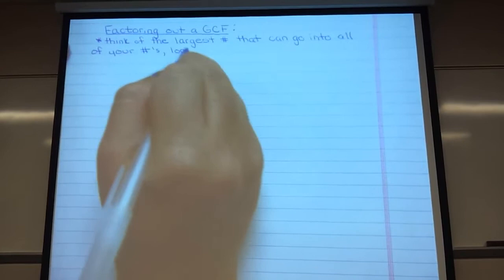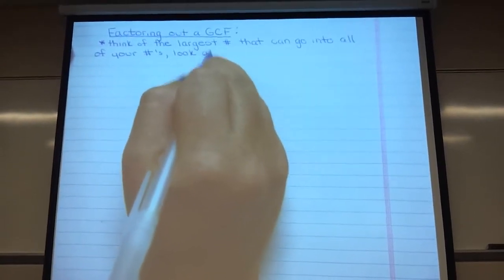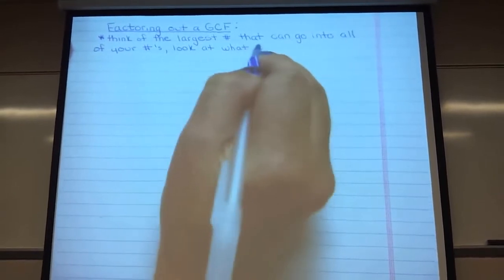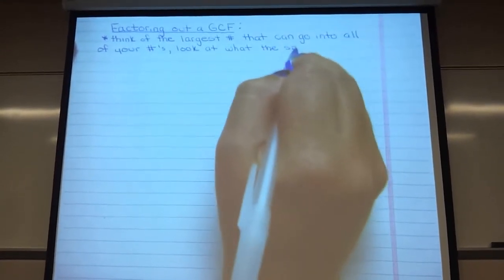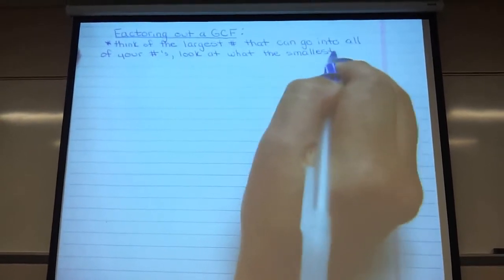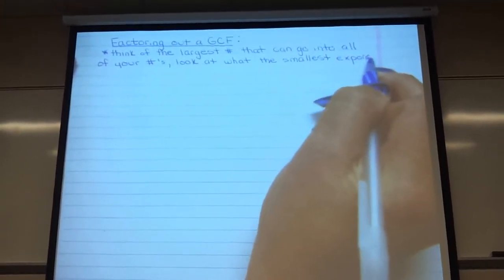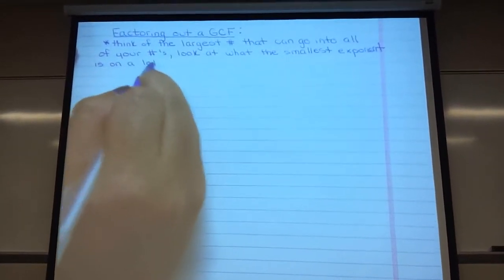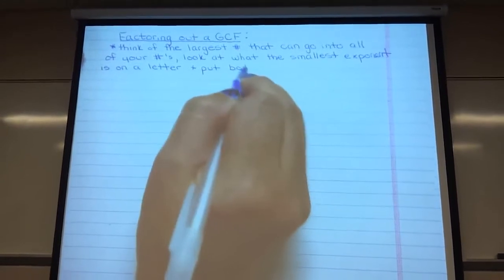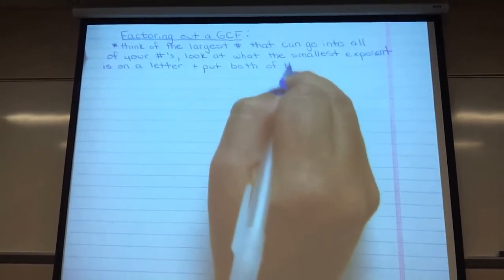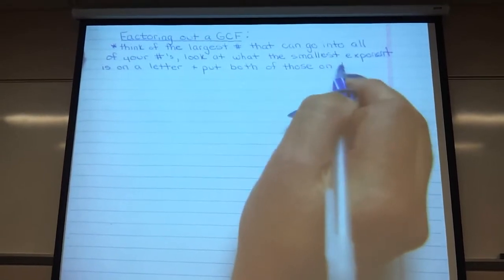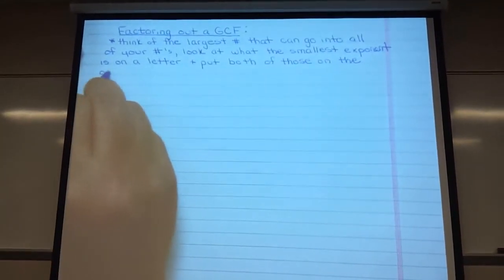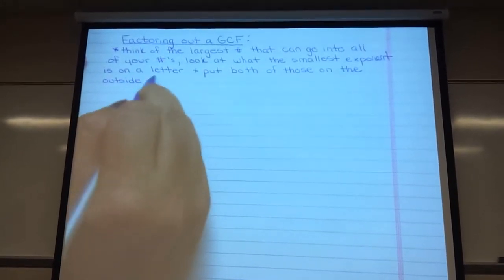After you figure that out, then you've got to look at the smallest exponent on a letter, and put both of those on the outside of the parentheses.